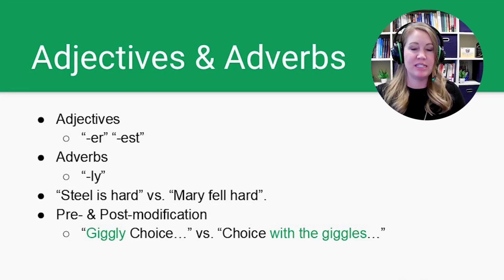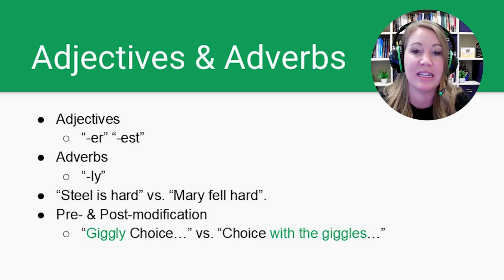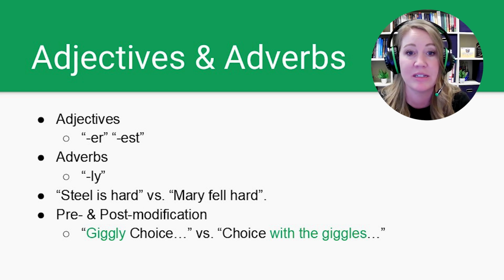So let's revisit some key points about adjectives. One helpful heuristic is that you can form comparatives and superlatives by adding ER or EST to adjectives like smart, which becomes smarter and smartest. However, just so you know, this doesn't always apply.